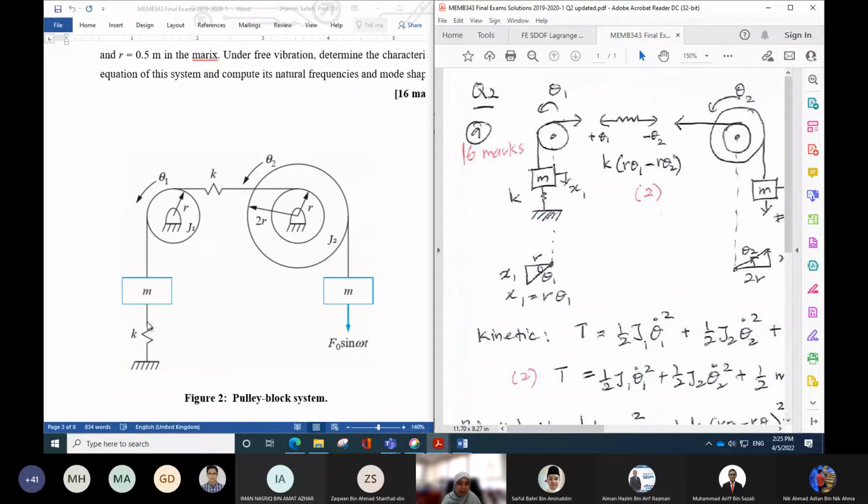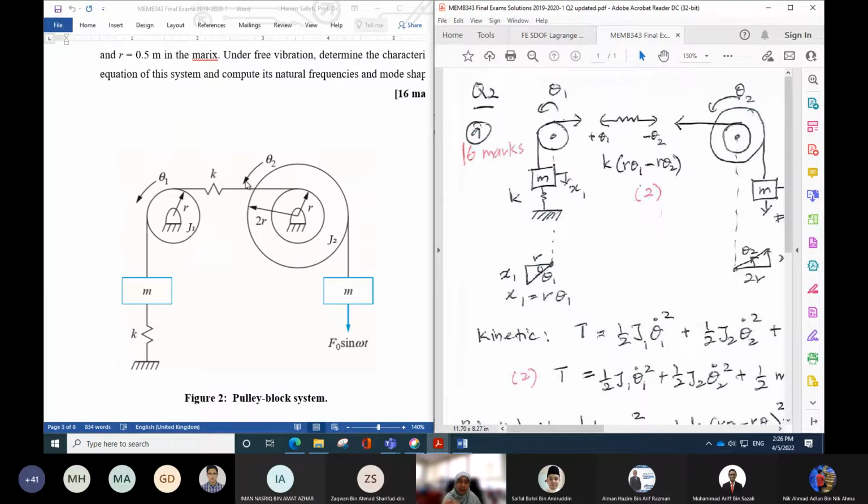So this K is fixed, so you don't have to think about relative displacement. You just need to make sure that the assumed direction is in the way you write it, that you assume it moves in the same direction as the assumed direction. Yeah, so you have that one taken care of. But this one you have to write in terms of relative displacement. Maybe just looking at it at first glance, you don't know.